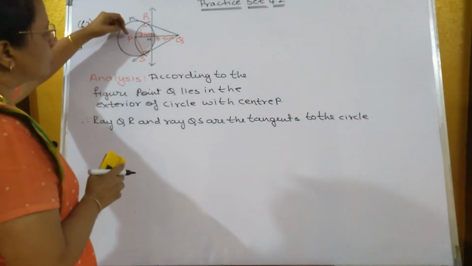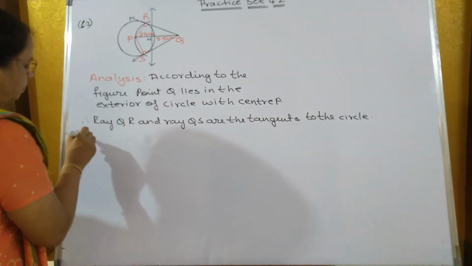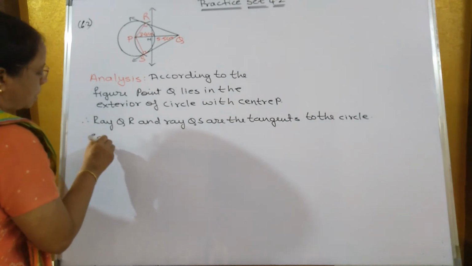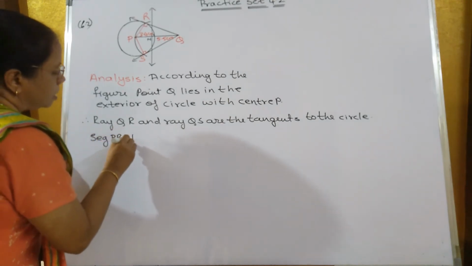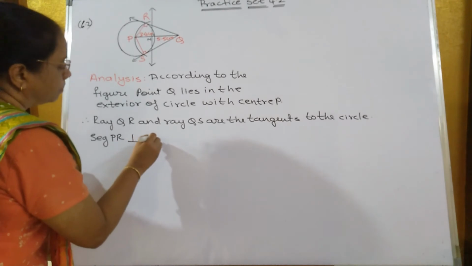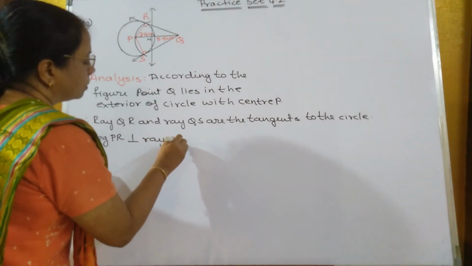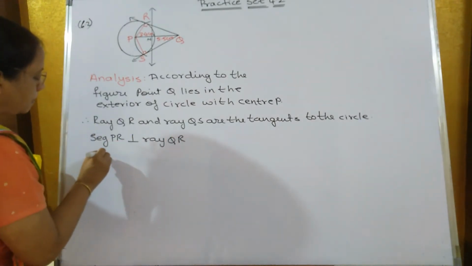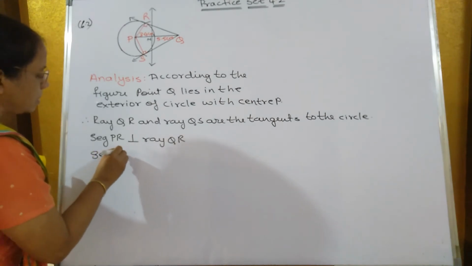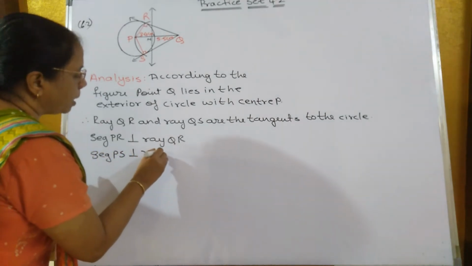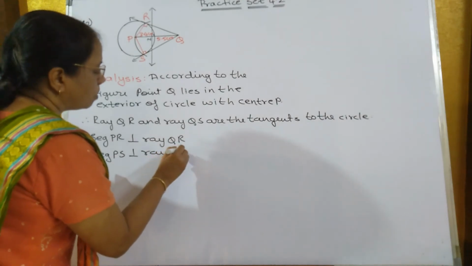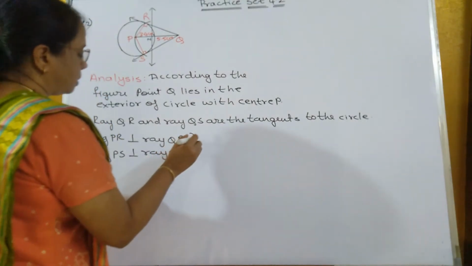Now segment PR is perpendicular to ray QR and segment PS is perpendicular to ray QS. Why? Tangent theorem.